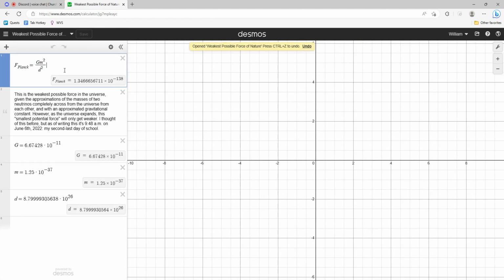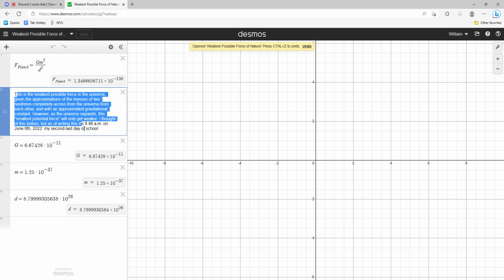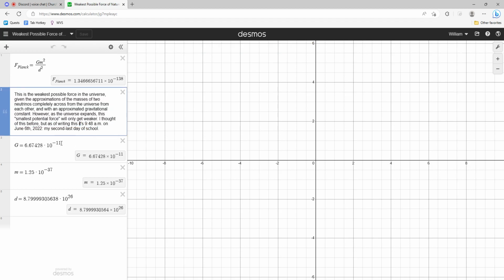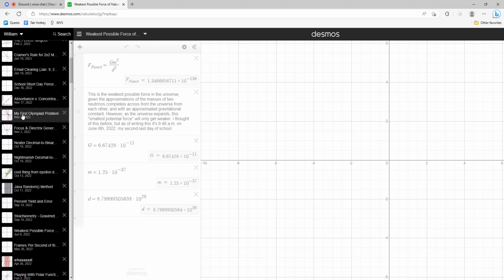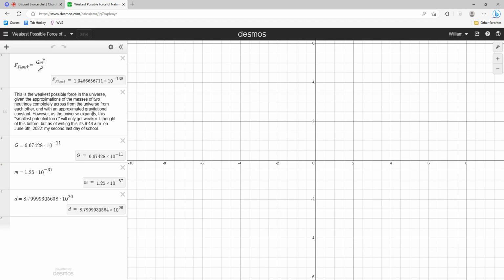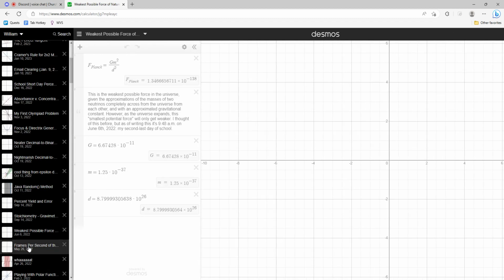Yeah, the Planck units. That was what I was trying to remember. The weakest possible force. Very interesting. That is... Wow. This is like two super small units across the universe of each other or something. That's really funny.